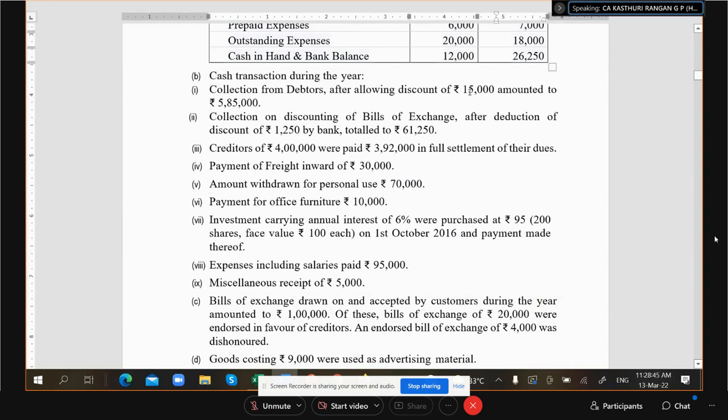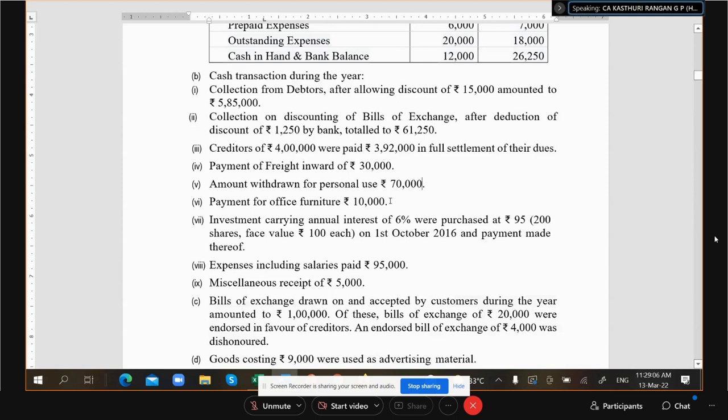Cash received during the collection from debtors after allowing discount of 15,000 amounted to 5,85,000. Collection on discounting a bill, after a deduction of 1,250, is a total of 61,250. Creditors 4 lakh paid 392 only, in settlement of full dues. That means they got a discount of 8,000.